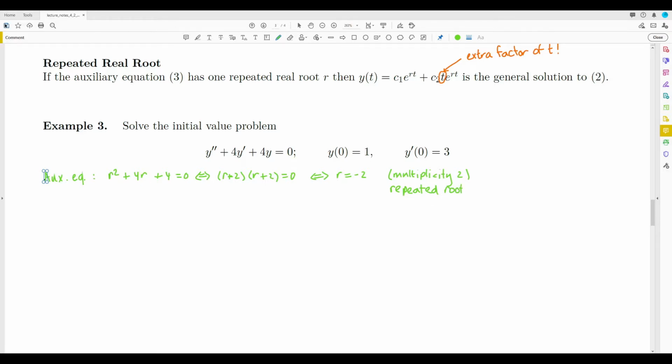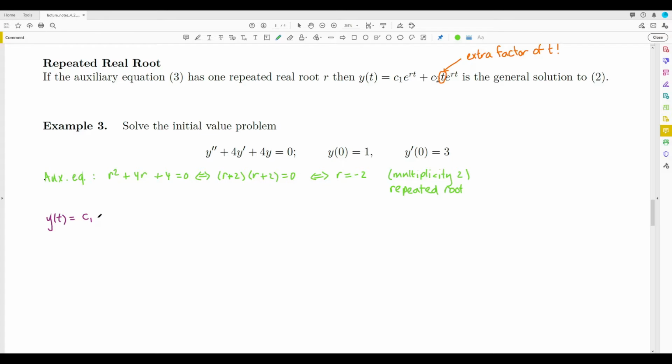So now our general solution is as follows. We're going to have y of t equals c1 times e to the power rt, and in this case it's -2t.